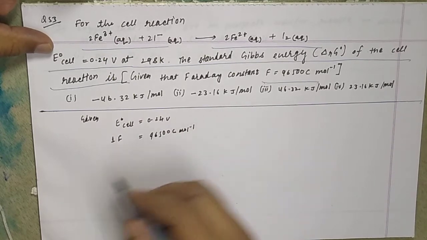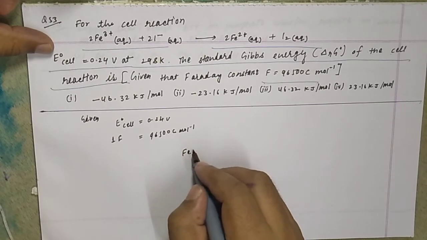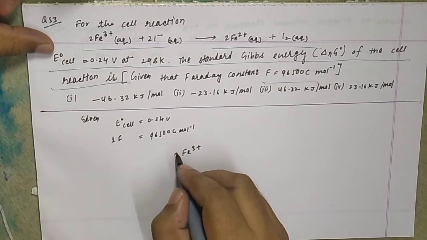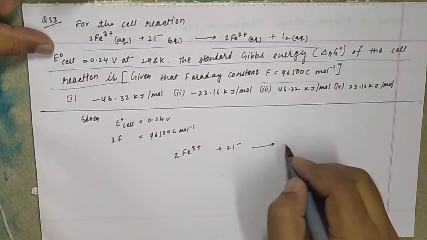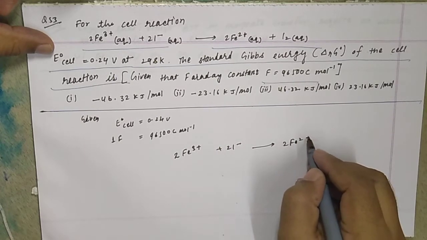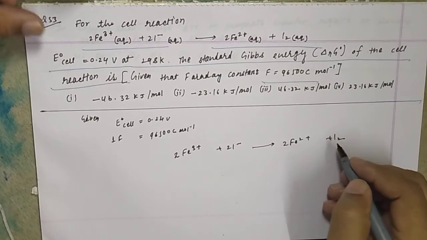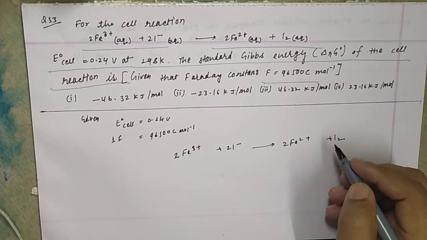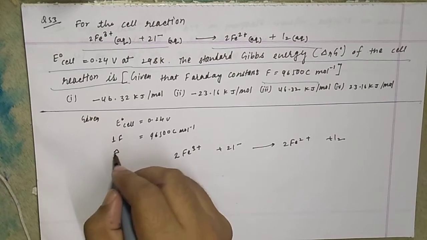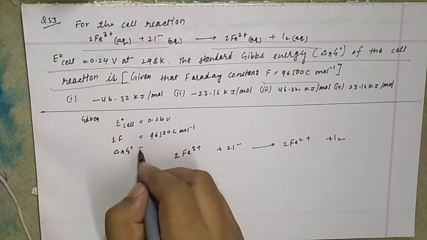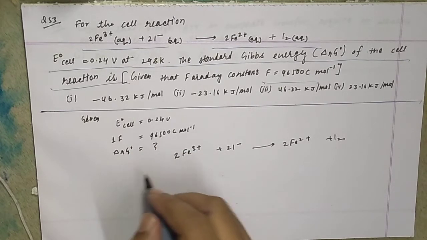Now the equation is given. Let us see the equation: 2Fe3+ plus 2I- gives 2Fe2+ plus I2. Everything is given here. They are asking delta r G naught, and the rest of the things are already given.